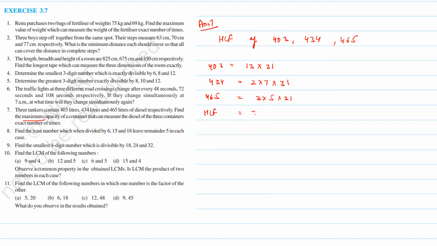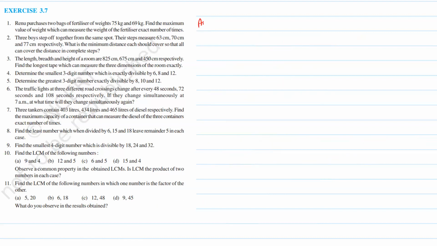So HCF is coming out to be 31. So the maximum capacity of a container that can measure the diesel of all 3 tankers an exact number of times is 31 liters. Okay.